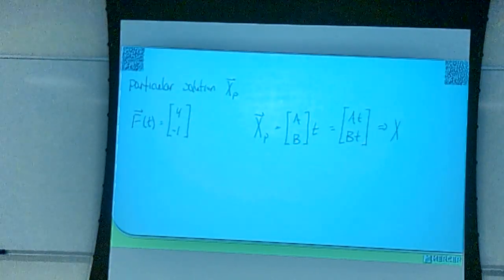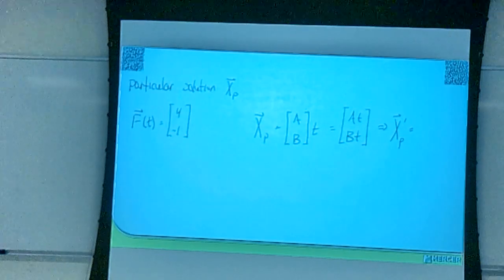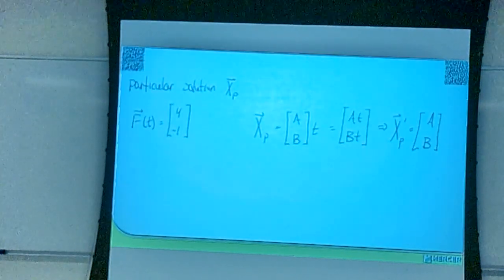This would mean that x prime is A, B, right? Now plug that back into the original system.